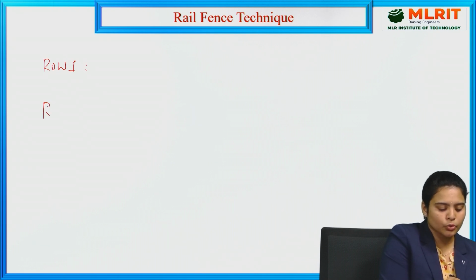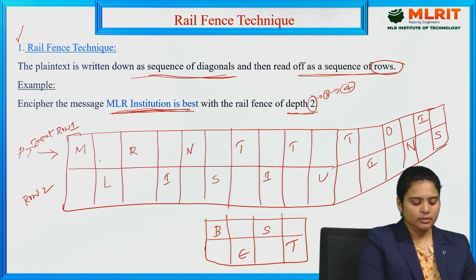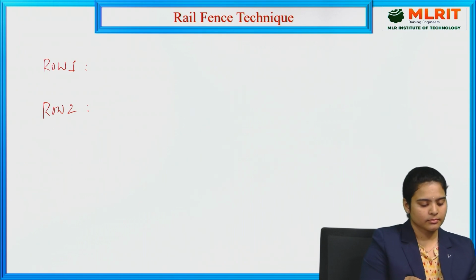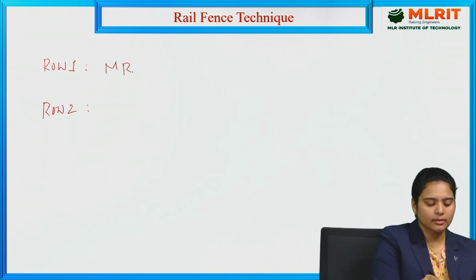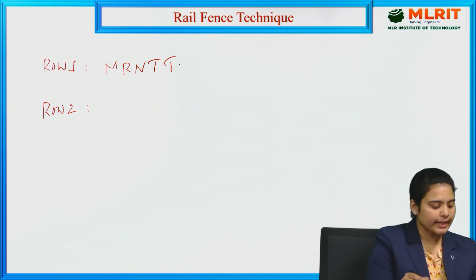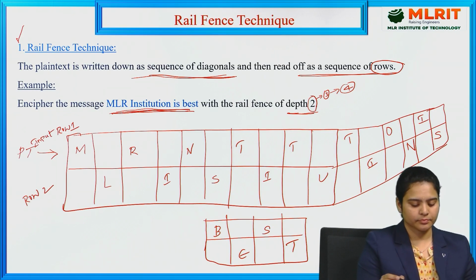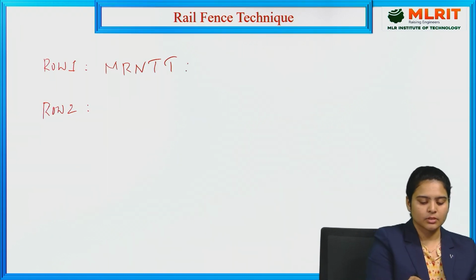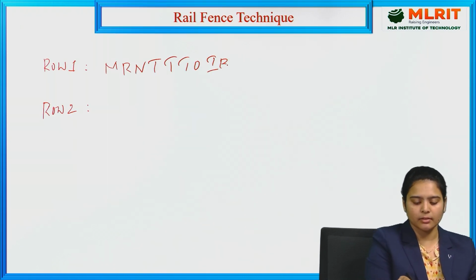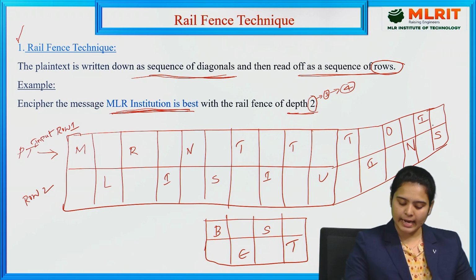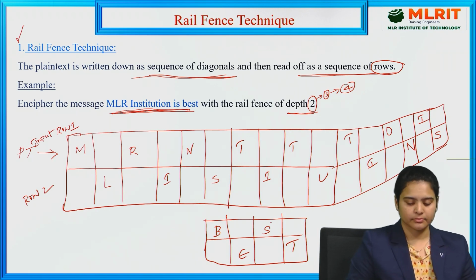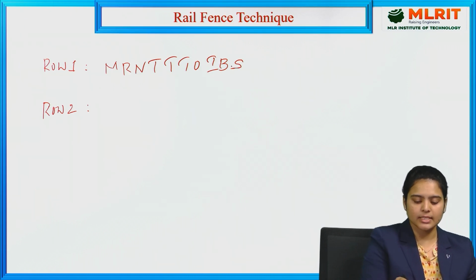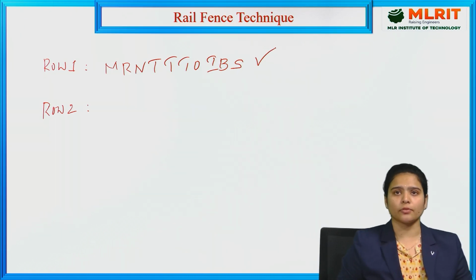In row 1, M, R, N, T, again T, T, O, I, B and S. These are row 1, and we got this output of the ciphertext.